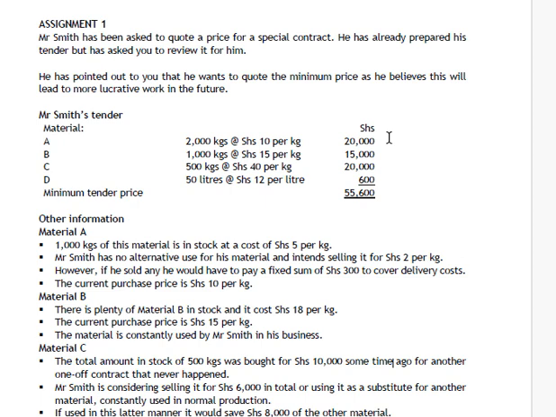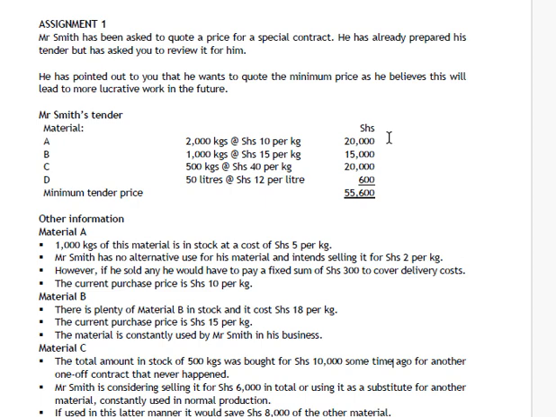When you try to look at material B, there is plenty of material B in stock, and it costs shillings 18 per kilogram. The current purchase price is shillings 15 per kilogram. The material is constantly used by Mr. Smith in his business, meaning that this material is regularly used, so they will have to replace it if they use what is in stock.